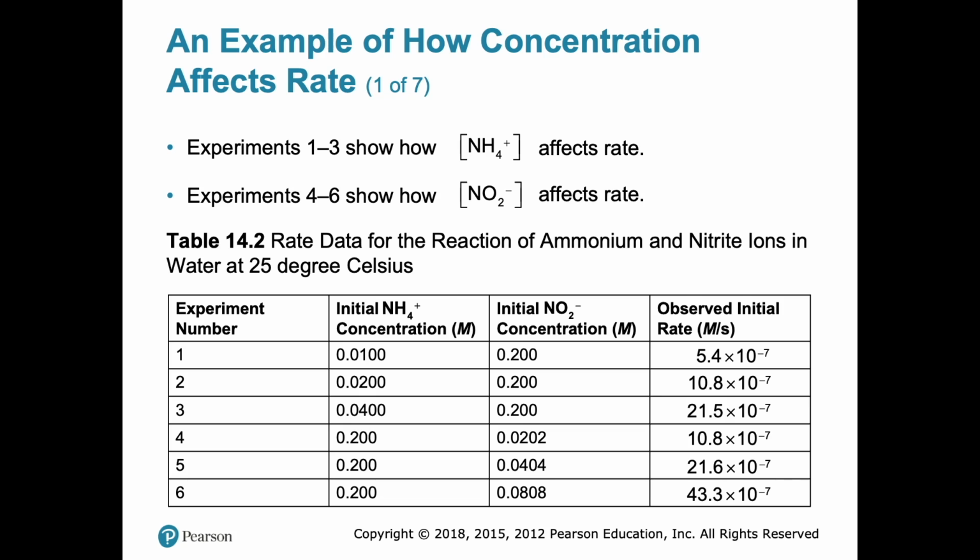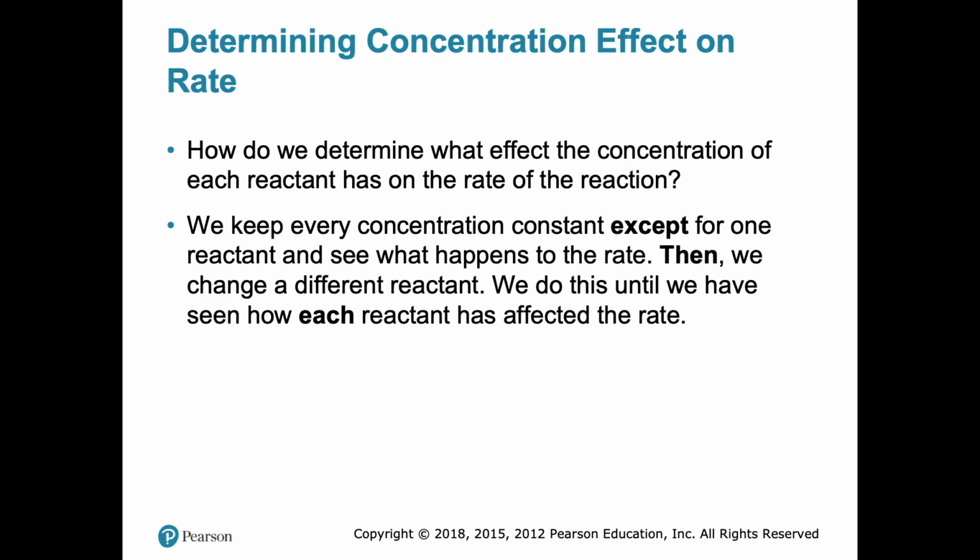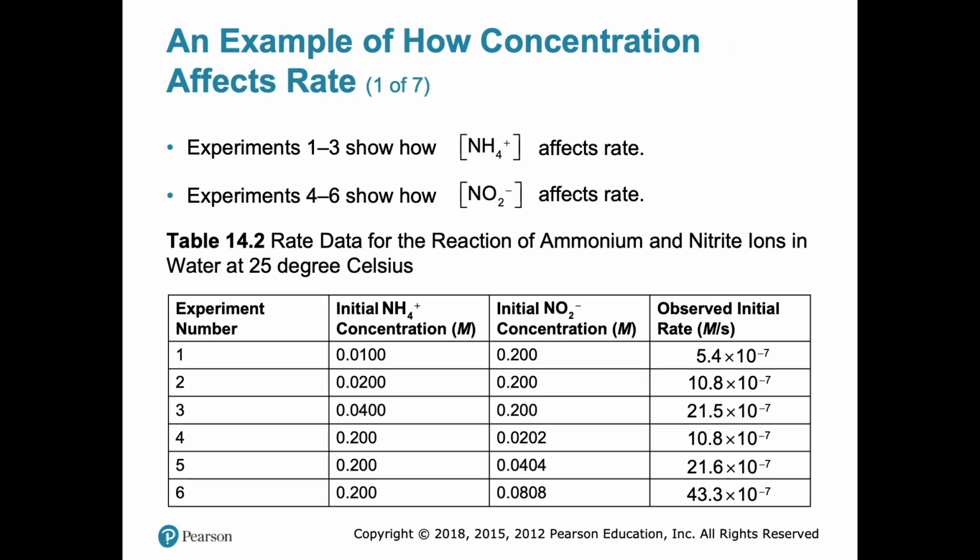As I was saying in this previous slide, what we do to figure out what effect the concentration has on the rate is that we change one of the reactants of the reaction to see how it affects the rate, and then we change the other of the reactants to see how it affects the rate. And the way we do that is by doing this, okay? So now I have a reaction in which I'm combining ammonia with nitrite.